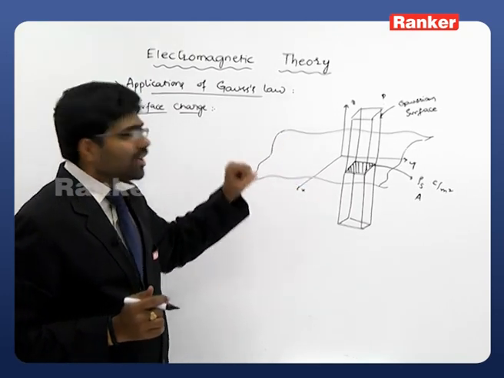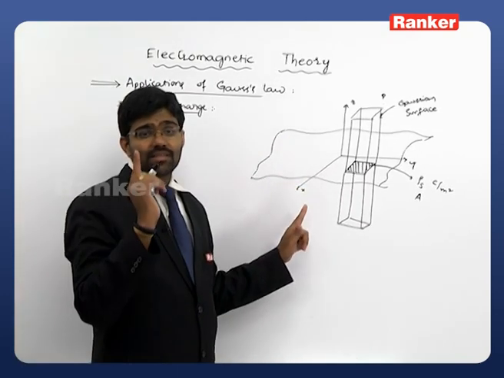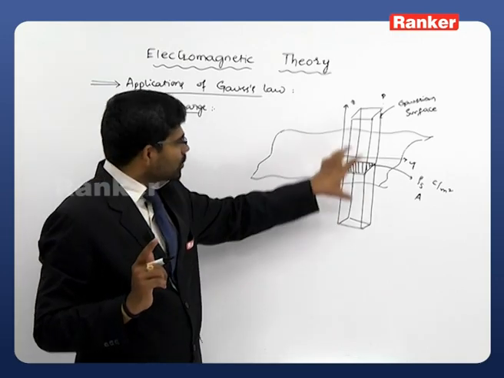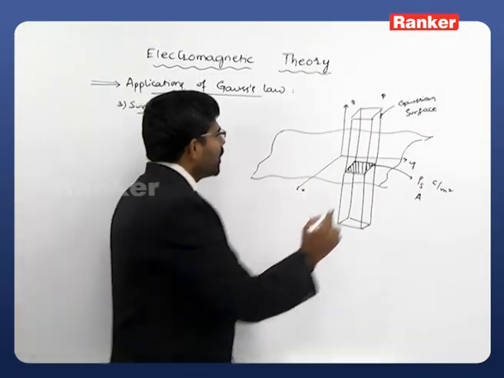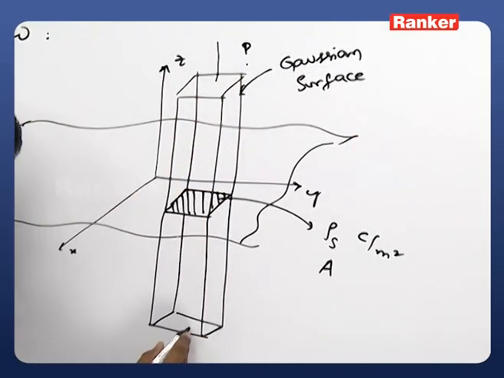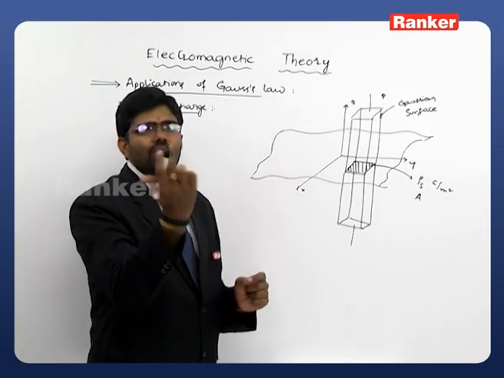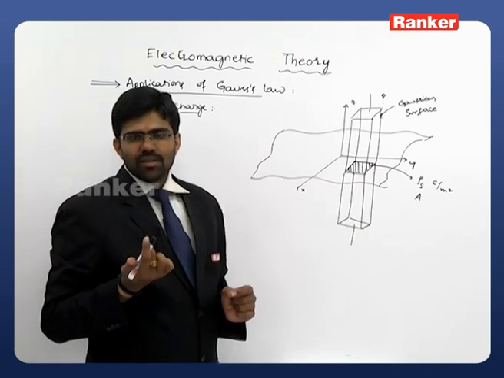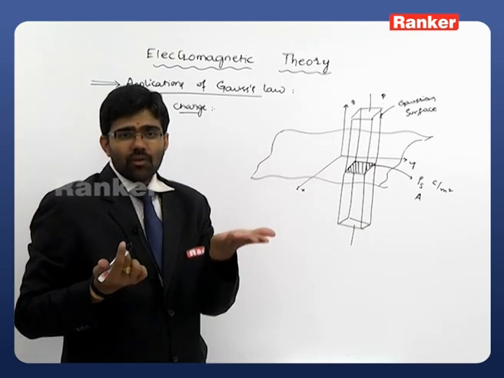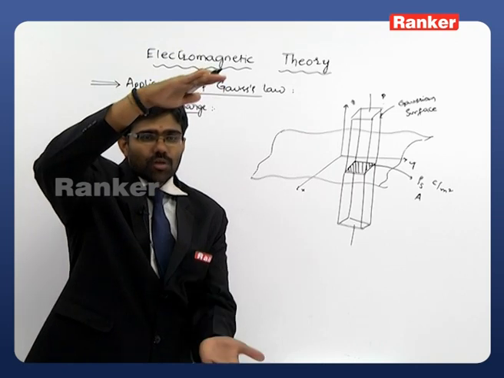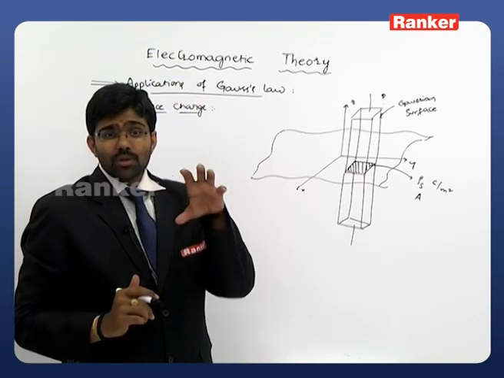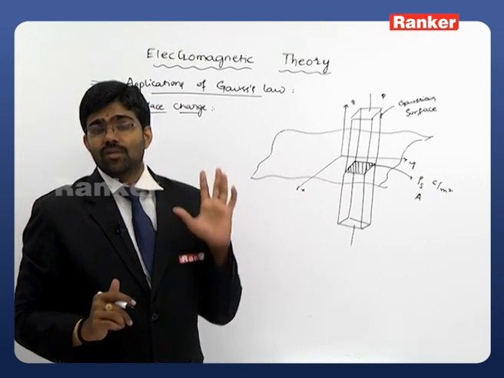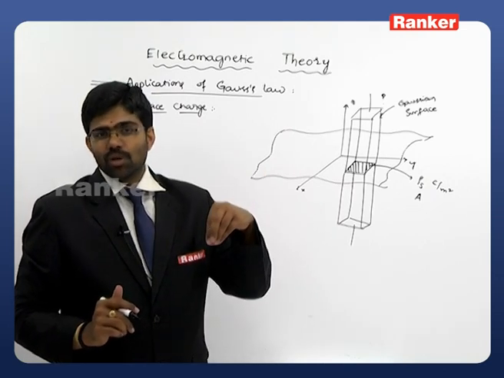If you observe clearly, this cuboid contains 6 surfaces, since it is a closed surface: the top surface, the bottom surface and 4 side surfaces. Now with respect to those surfaces, what will be the direction of our flux density?